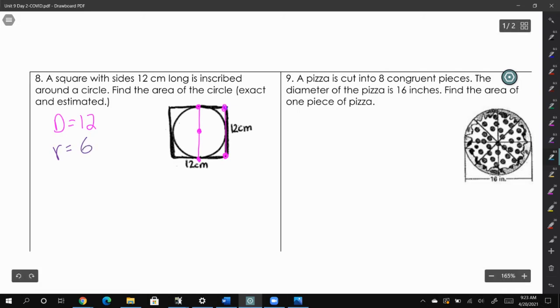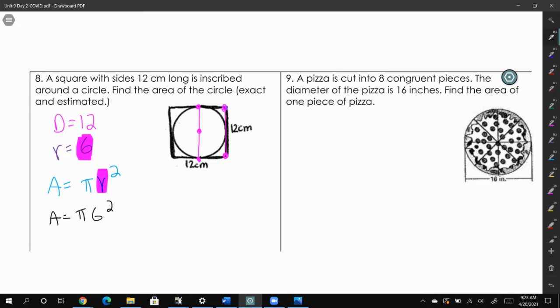So now that we have the radius, we can do area equals pi times r squared and plug in 6 for r. That gives us area equals pi times 6 squared. Well, 6 squared is 36. So the area is 36 pi centimeters squared.